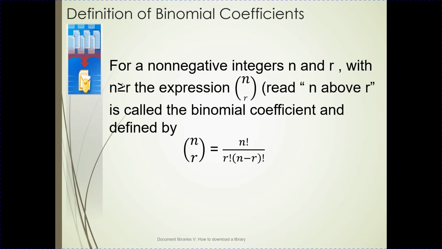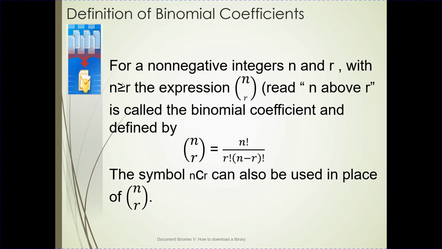Here, this is a formula for finding the coefficient of the binomial expressions. The symbol nCr can also be used in place of n above r.